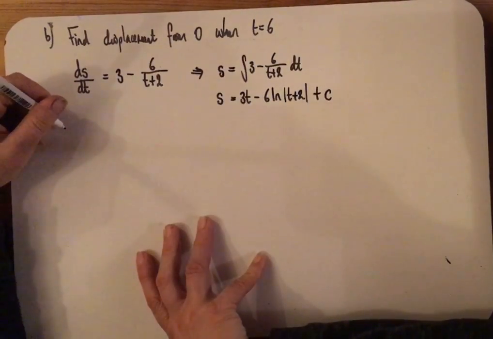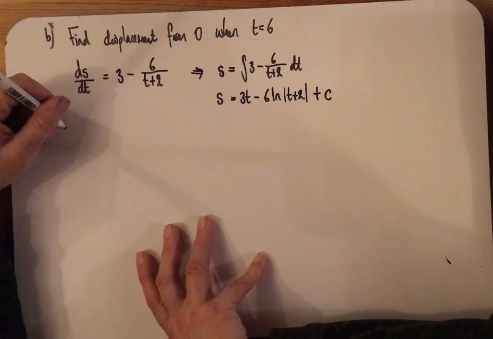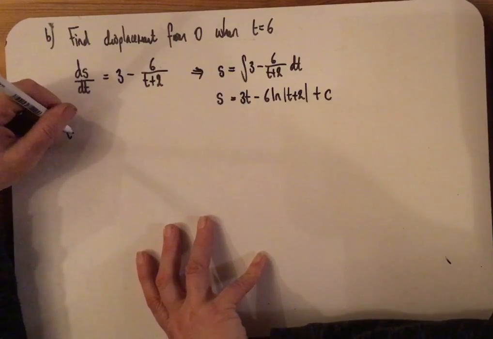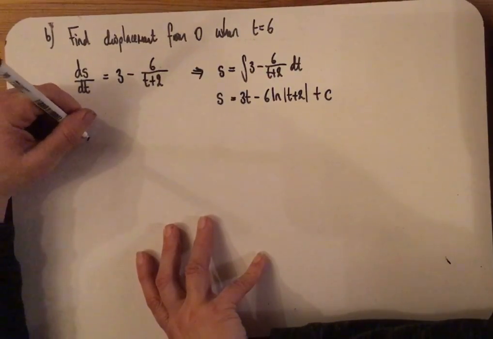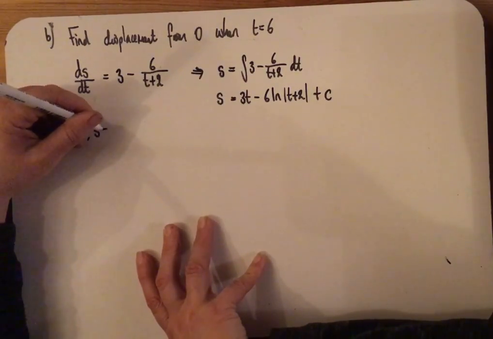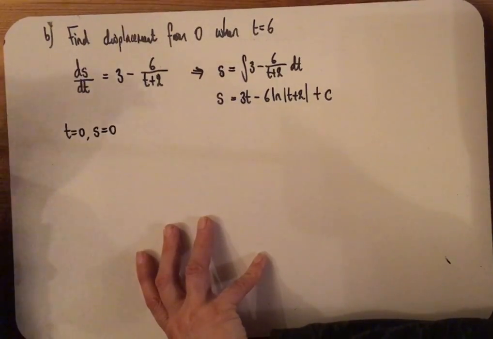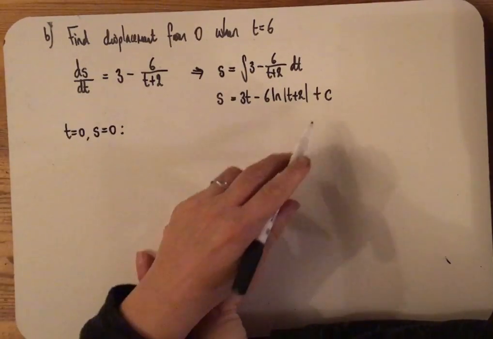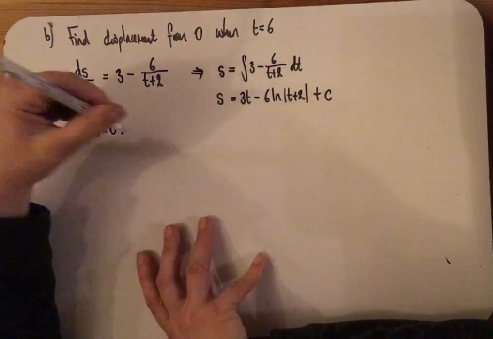And we know that it's starting from rest at the origin, so we also know that when t equals 0, the displacement is equal to 0. And that will enable us to find the constant of integration.